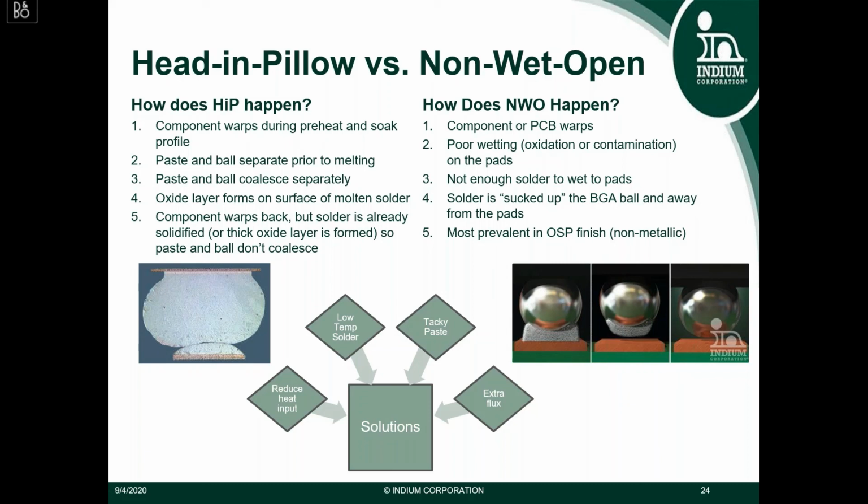And the solder paste will attach to the BGA during the warping, and it will form a homogeneous solder mixture between the BGA ball and the solder paste. However, it will suck up all the solder paste from the pad, and then when the assembly flattens out as it cools down, there's no intermetallic connection between the BGA and the pad.